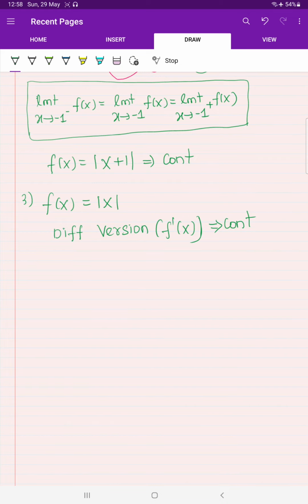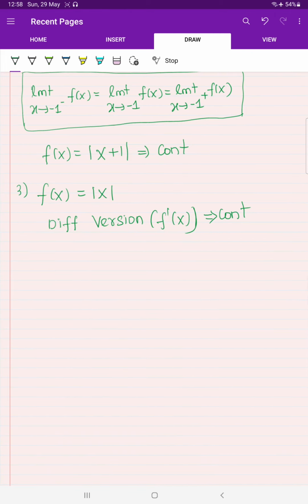If you differentiate mod x, what will you get? That is the question mark. First, spend some time and understand what you get if you differentiate mod x. You can search anywhere to learn it, then find the differentiated version f dash of x, and then check whether f dash of x is continuous or not. Spend some time, apply your smart mind, and try to bring the answer.